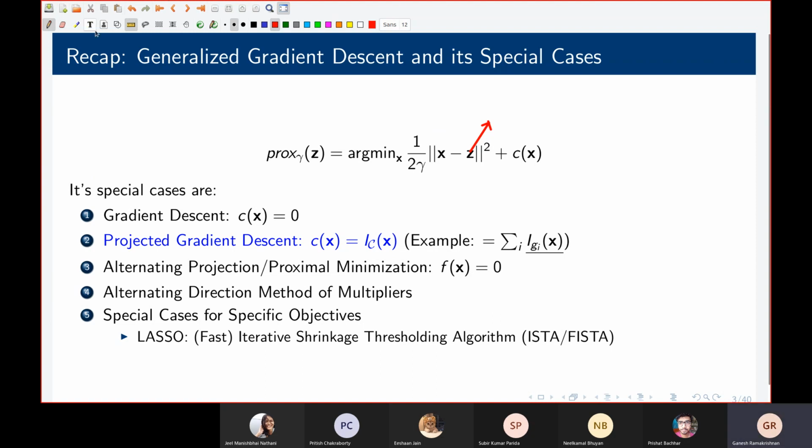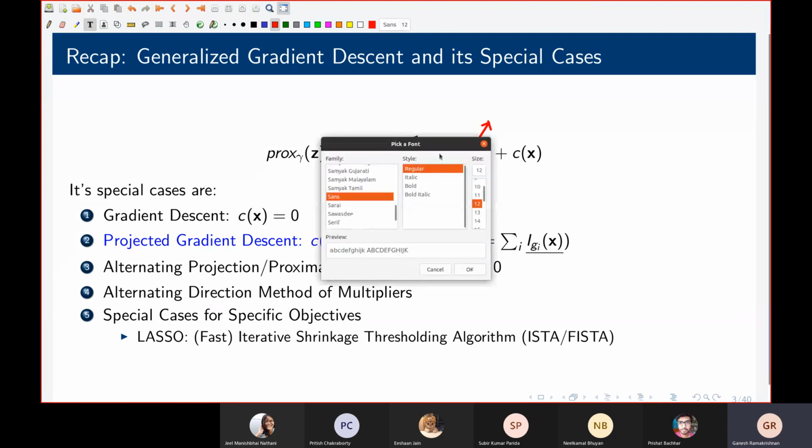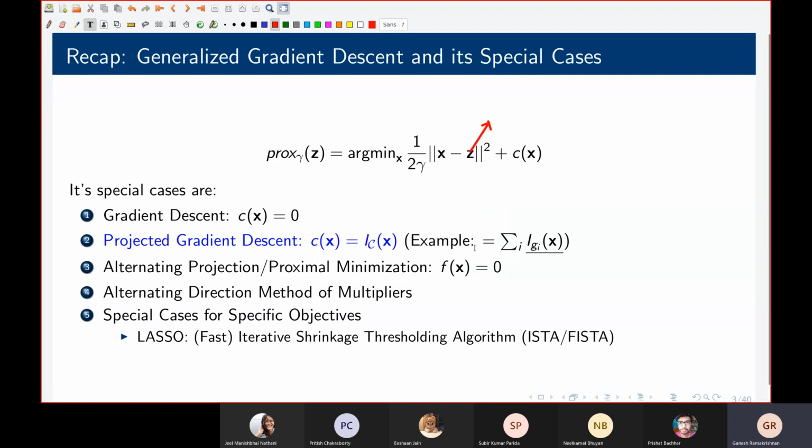What we saw is that by setting the Cx to 0, you got gradient descent. Whereas today, what you'll see is when you set Cx to an indicator function, you will get something called the projected gradient descent, which I had kind of left as homework.